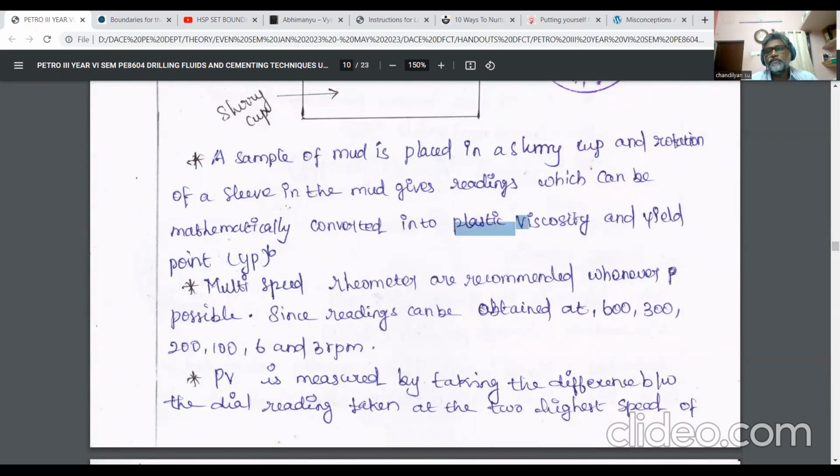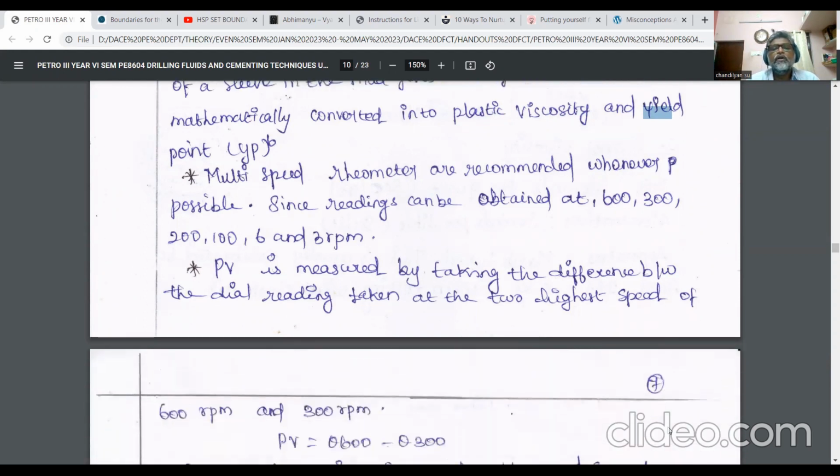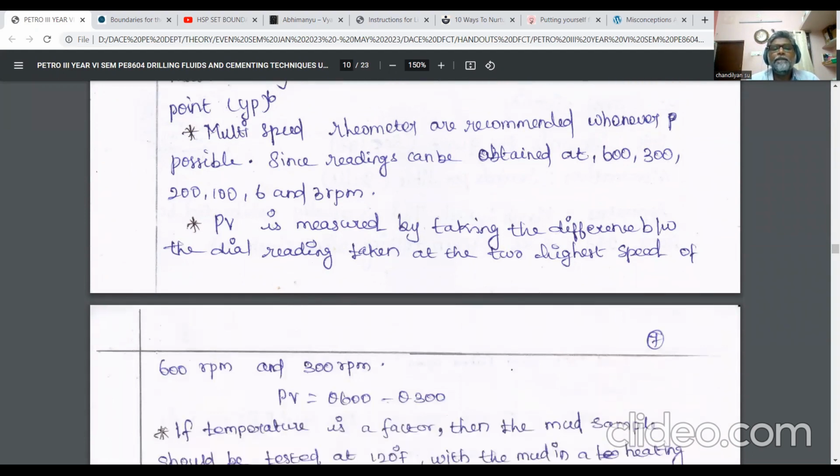PV stands for plastic viscosity. The first inference from this experiment is plastic viscosity, and the second inference is yield point. Plastic viscosity is measured by taking the difference between the dial readings taken at the two highest speeds, 600 and 300 RPM. So what is the formula for plastic viscosity? The dial reading at 600 minus the reading at 300.